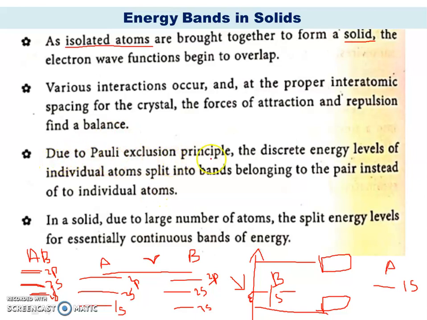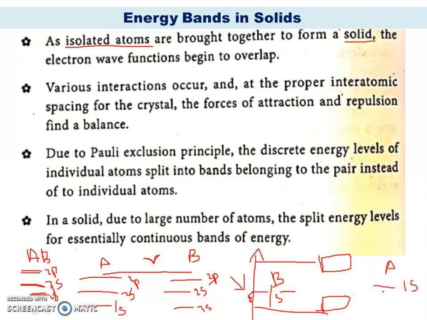Then, due to Pauli's exclusion principle, the discrete energy levels of individual atoms split into bands belonging to the pair instead of the individual atom. Because one atom has one level, if you bring another atom, two levels form, two sublevels. Here you get two electrons, here you get two electrons; 1s can accommodate 2 electrons, and here 1s can accommodate 2 electrons.